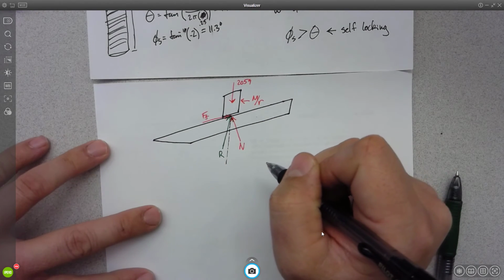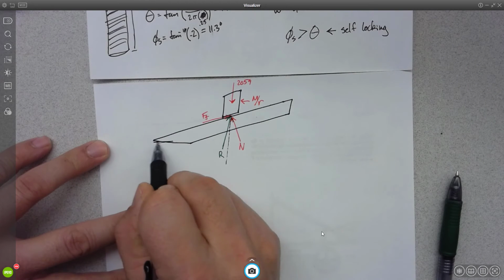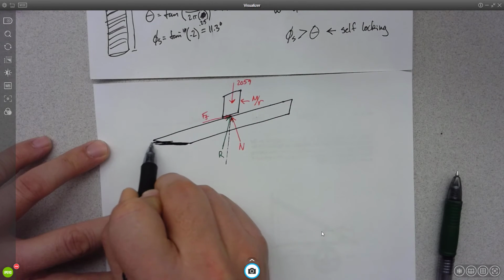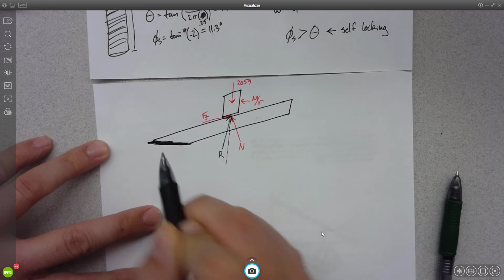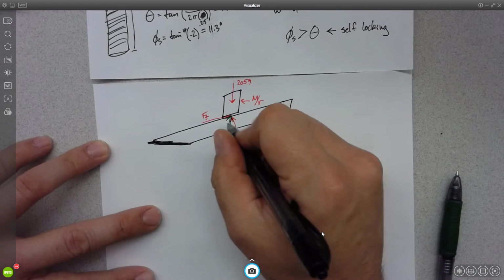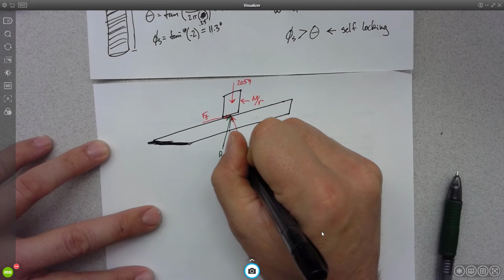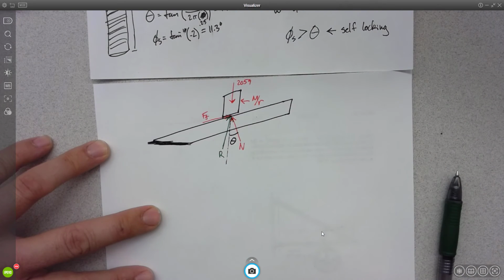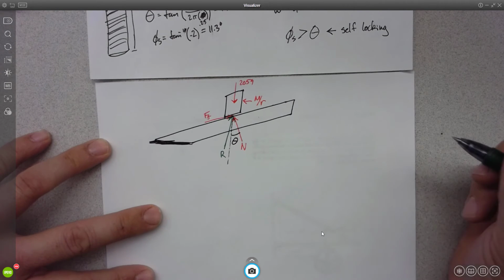Does that look straight up to you? Oh man. Okay. This is still theta. Right? Where's phi going to be?